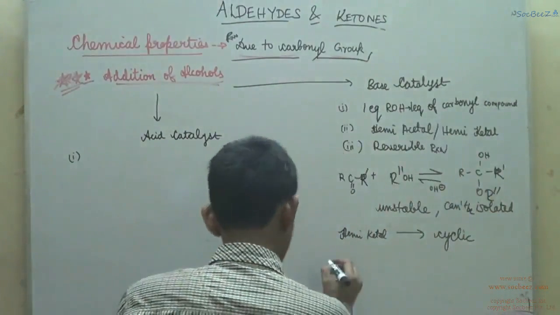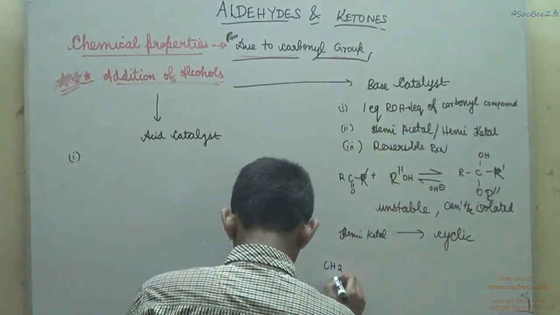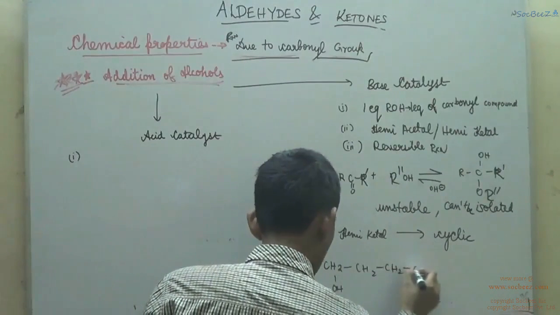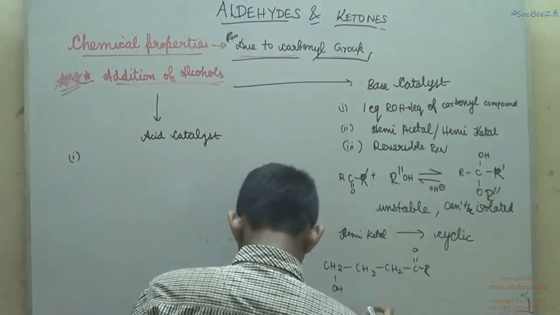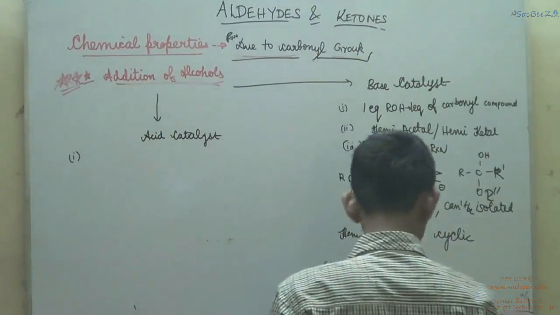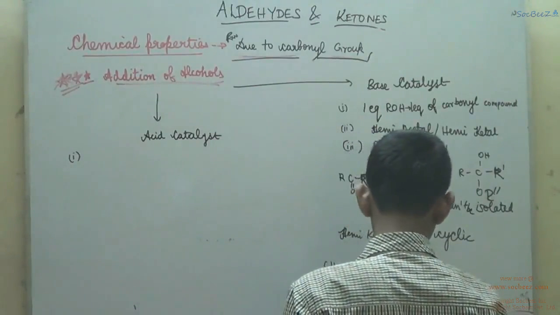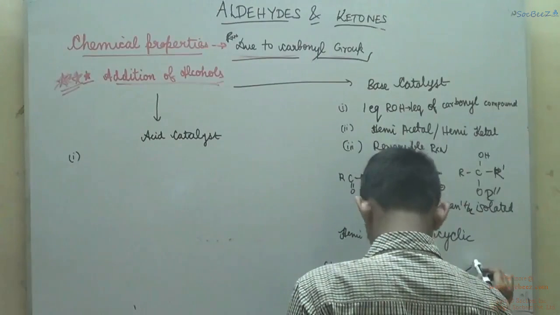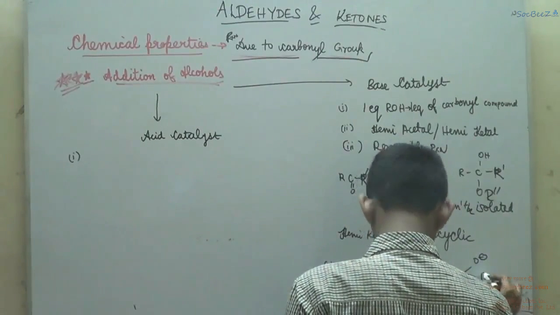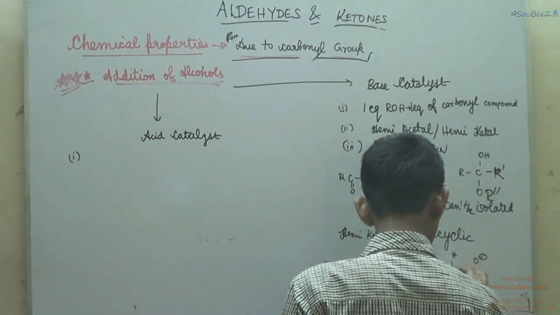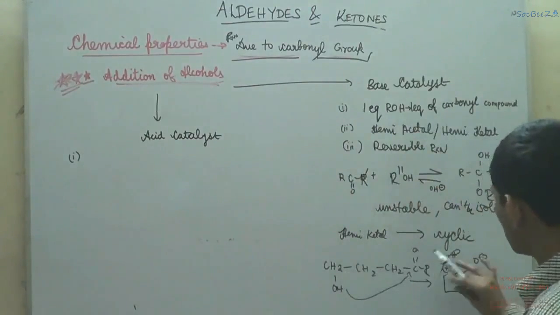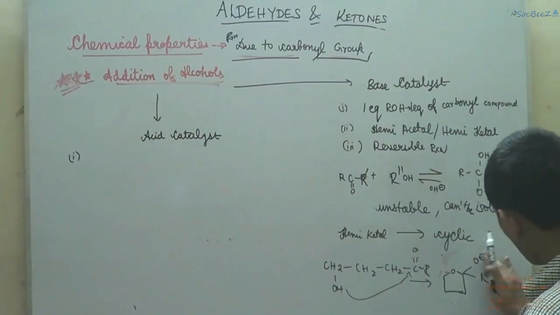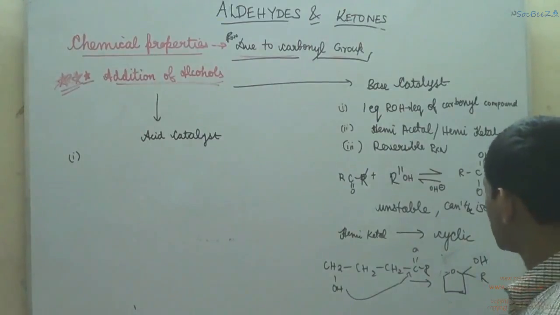For example, let's take this compound: CH2OH, CH2, CH2, C double bond O, R. What happens? This rearranges, this alcohol attacks here, with removal of this hydrogen so the positive charge is gone, and that hydrogen gets attached here.